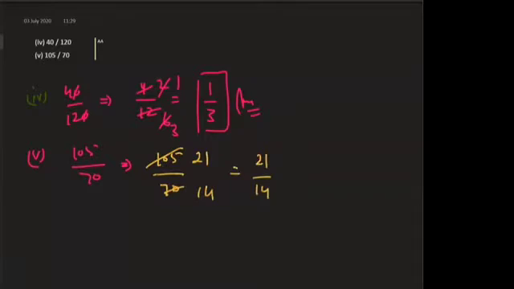Now again you can reduce it by 7. 7 3s are 21, 7 2s are 14. So 3 upon 2. This is the answer. Is it clear to everyone, or are you having any doubt?